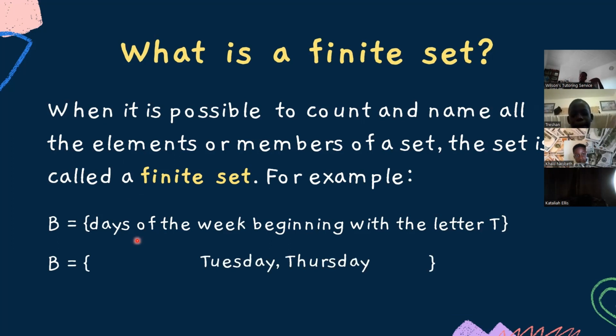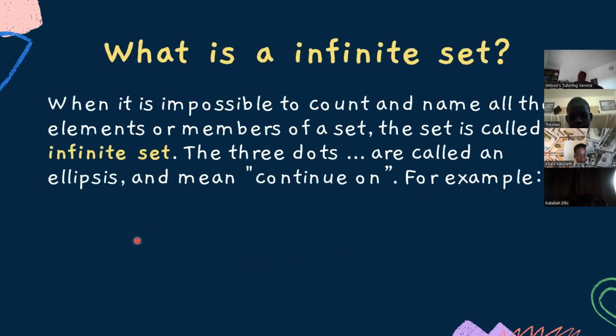Cool. So finite because we can list all the members, and infinite because it's impossible to list all the members, and it would go on and on. And in order to show that they continue without end, we use the three dots known as the ellipsis.